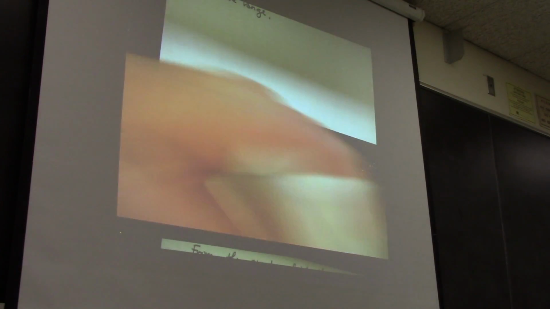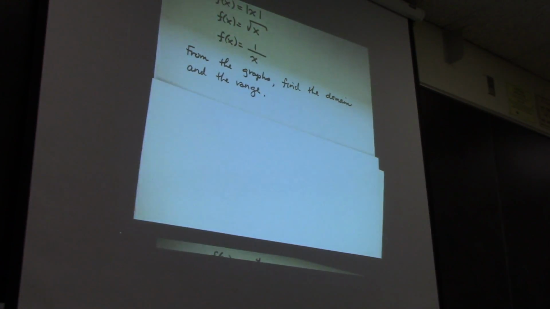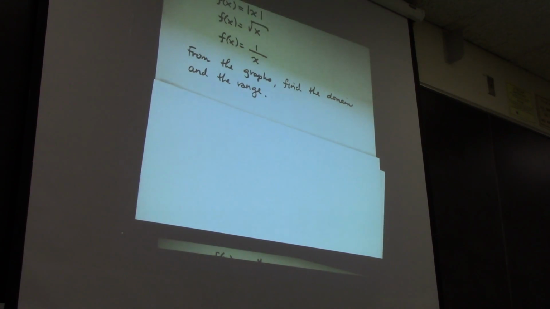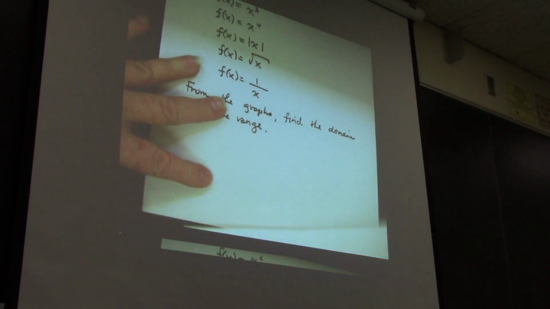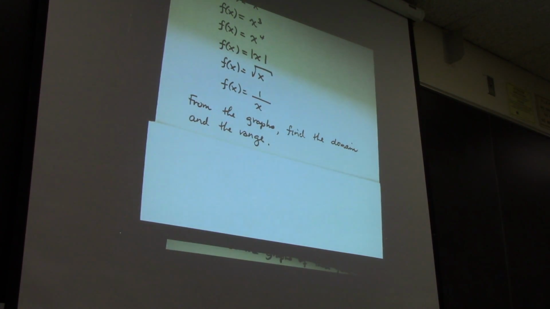Now, domains you can also find just algebraically by looking at the formula. If the function has x's in the denominator, then we have to throw out x's that make the denominator 0. If the function has a square root in it or any sort of even root, then you can only have x values that make you take the square root or even root of a positive number or 0.